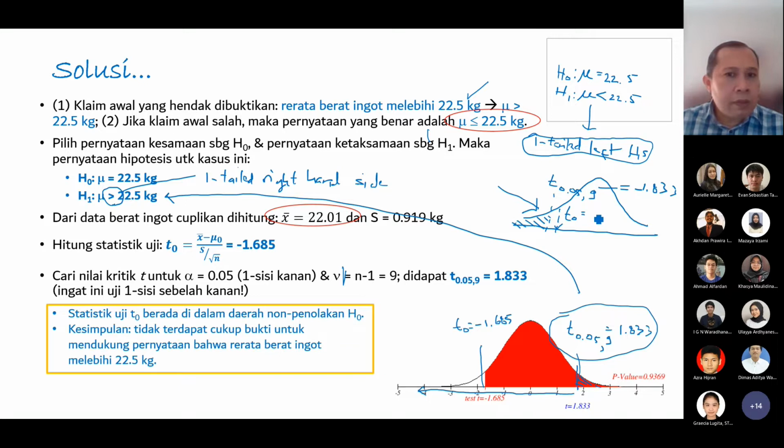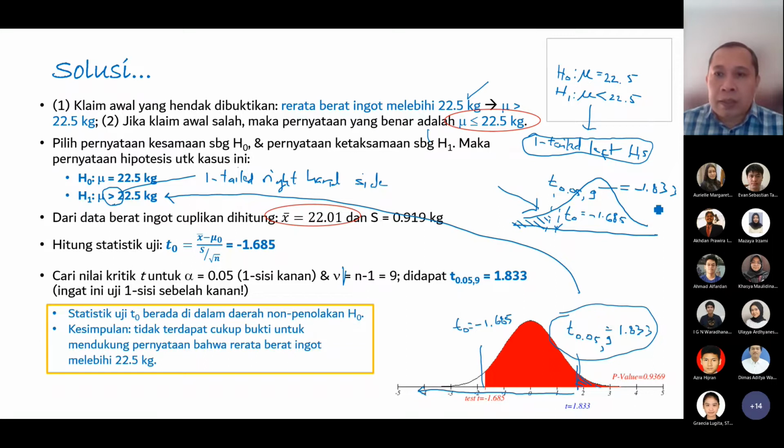Yep, the T0 is minus 1.685. Okay. So as you can clearly see, the rejection region is located to the outside of the T0.